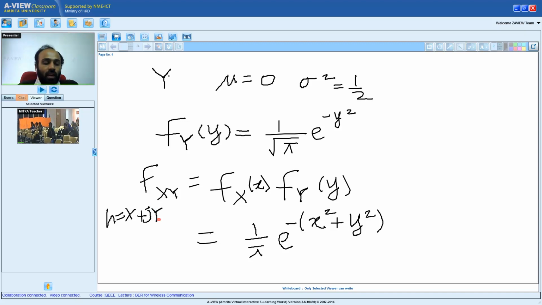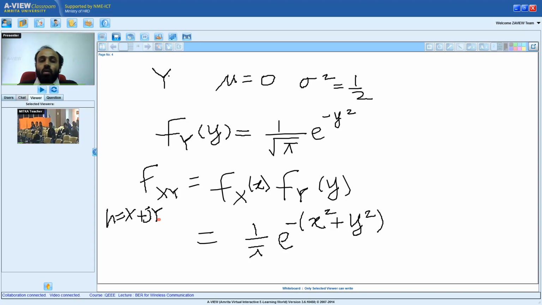If x is the real part of the fading coefficient and y is the imaginary part, and if x and y are Gaussian, they can be modeled as Gaussian because they are the sum of a large number of independent components, then the joint distribution of x and y is 1 over pi e power minus x square plus y square. Everyone following me so far? Manipal, everyone following me? Yes, sir. The joint distribution is 1 over pi e power minus x square plus y square.